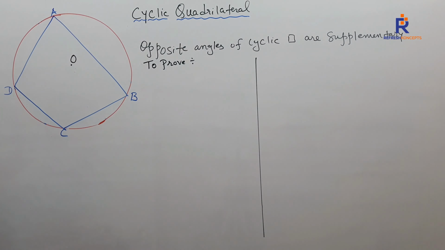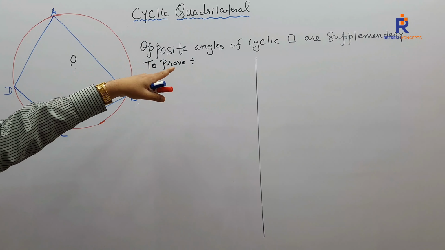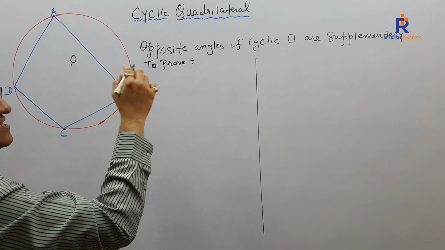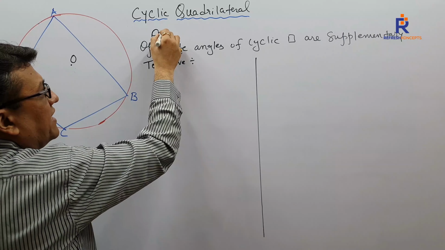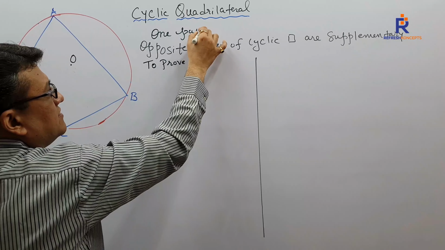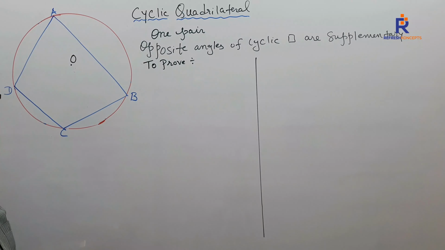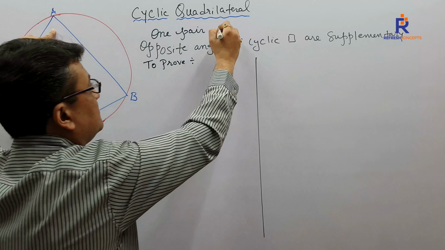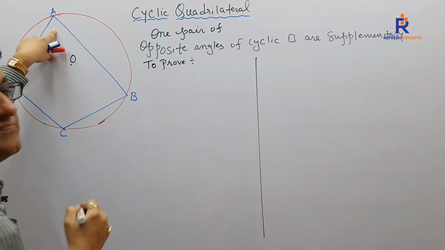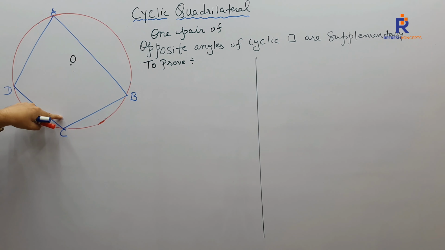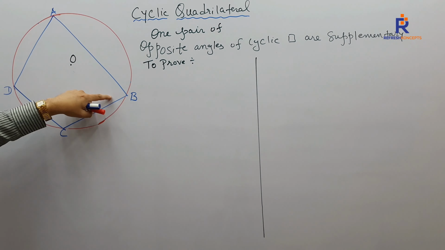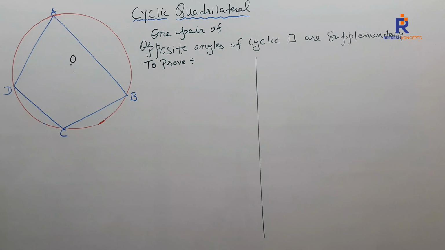opposite angles of cyclic quadrilateral, or let me correct it, one pair of opposite angles, so that you can understand in a better way. When I say a pair of opposite angles, I'm talking about A plus C. When I say pair, I'm also talking about B plus D. So you need to prove any one.